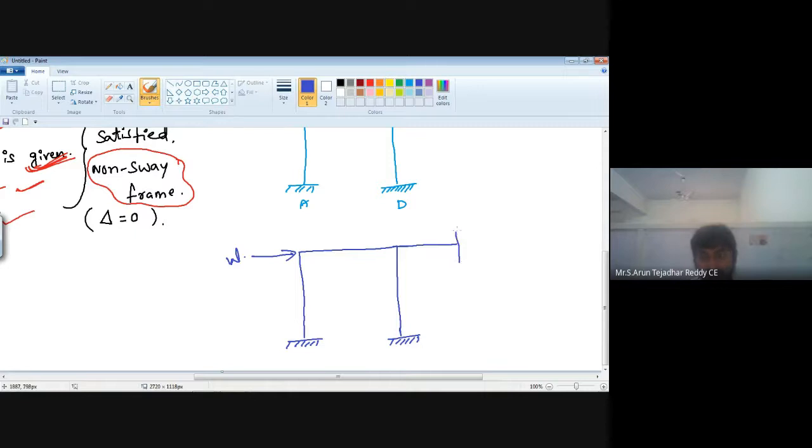Here give any kind of support, whether it may be a fixed or else hinge support. And we can give a roller support also, but how to give that roller support I'll explain later. First let me complete here.